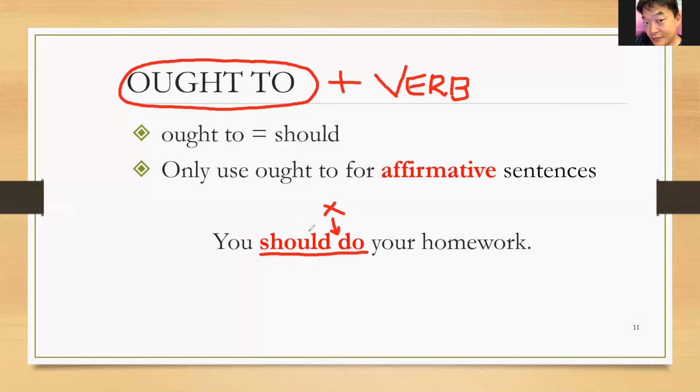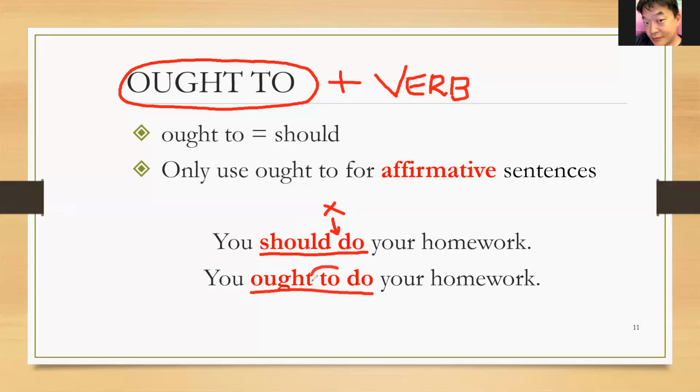But now look here. Ought to, it has a to here. So this is what you have to remember. But most of the time I've never seen people using ought to in a negative sentence or in an interrogative sentence. This is what I want you to remember.